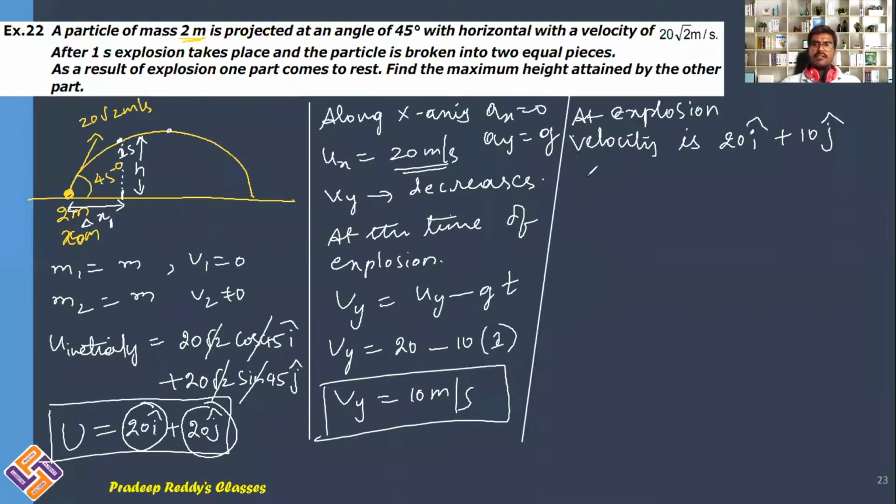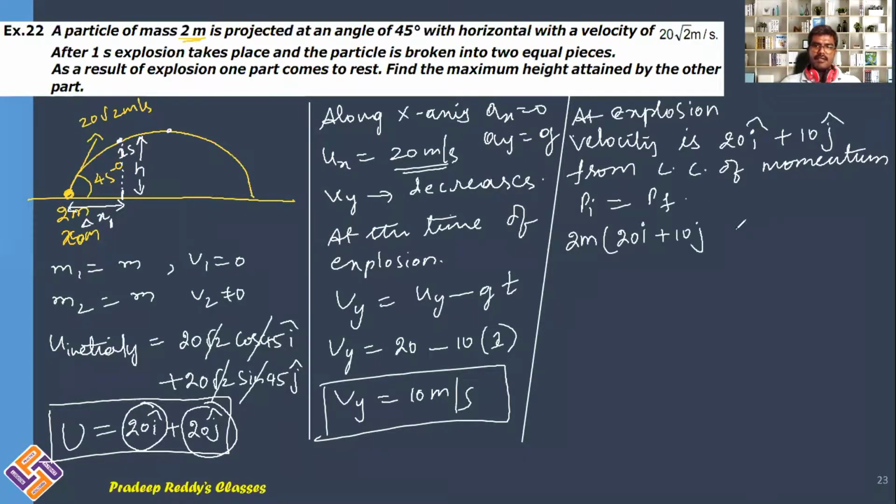we will use the law of conservation of momentum. P initial should be equal to P final. And what is P initial? Initial mass is 2m into velocity 20i plus 10j, which is equal to m1.